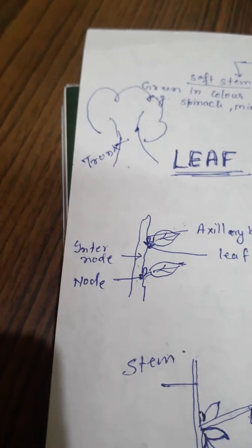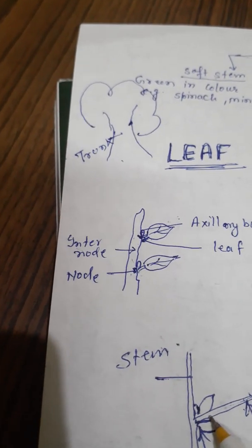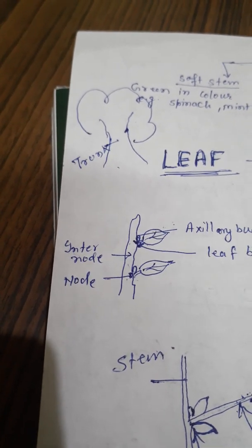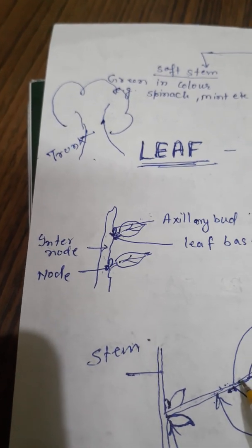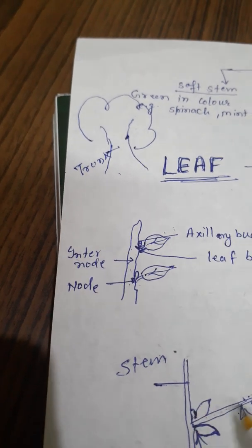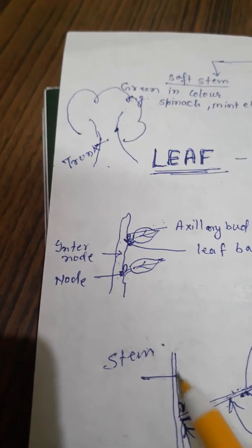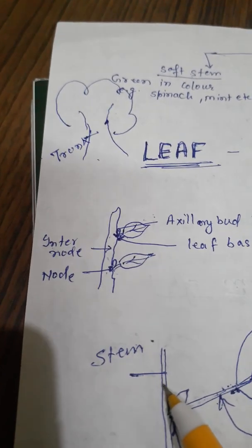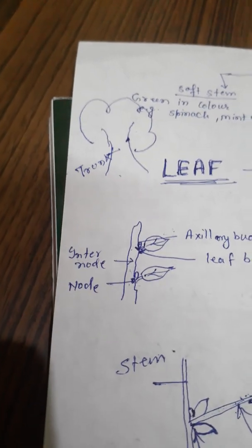Whole structure is petiole. The end of the petiole joining the leaf to the stem is called leaf base. This is leaf base.